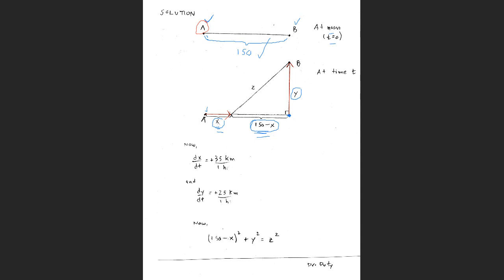And at time t, here's where ship A is, right on that blue dot, and here's where ship B is, right at that blue dot. At that time t, they're going to be a distance z apart from each other. And this is, of course, a right triangle.